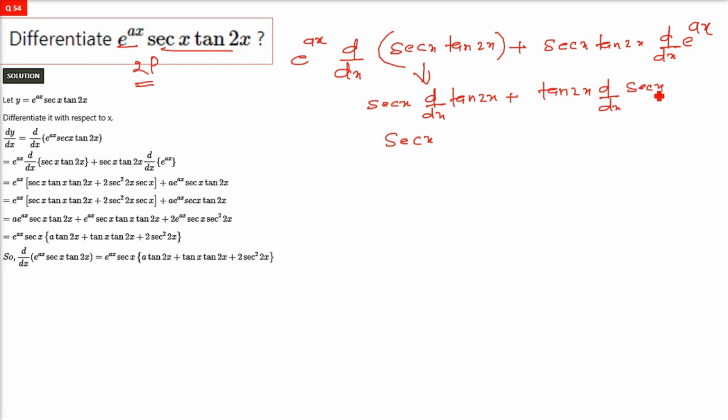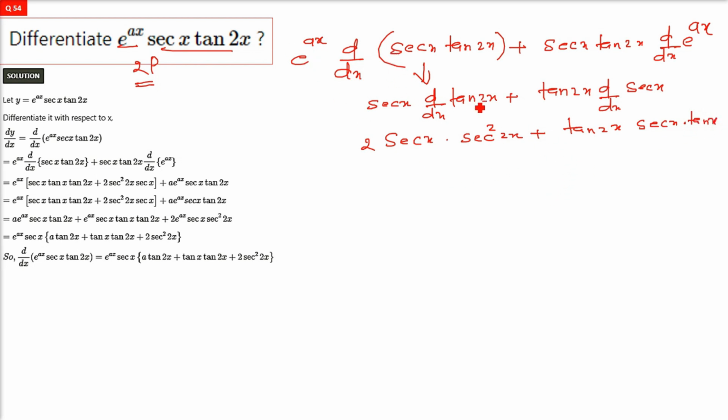And differentiation of sec x is sec x tan x. So this is sec x, sec square 2x, and differentiation of 2x is going to be 2 only. Alright. Then you have tan 2x, differentiation of sec x is sec x tan x.